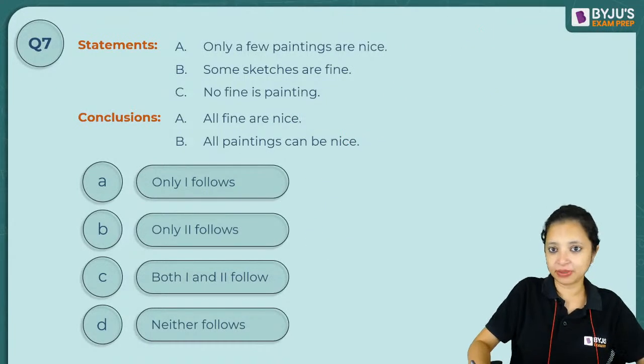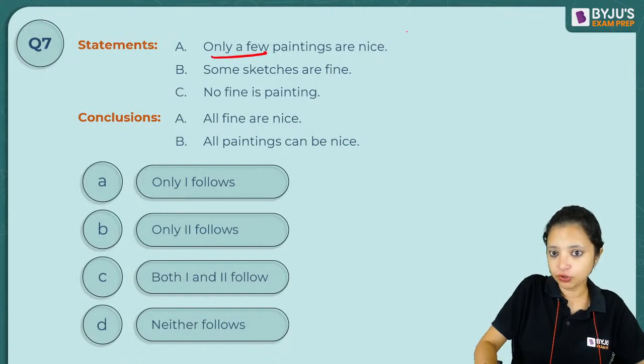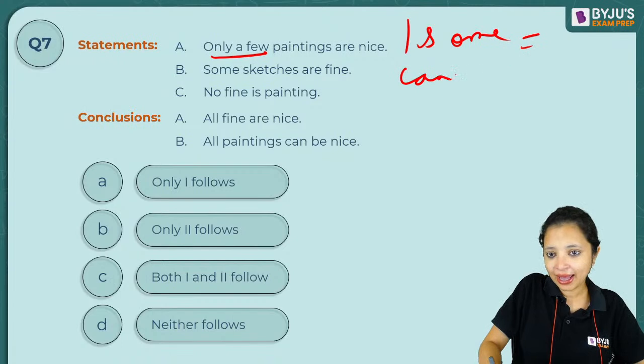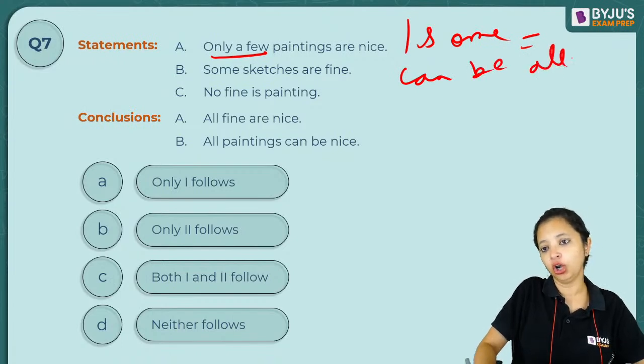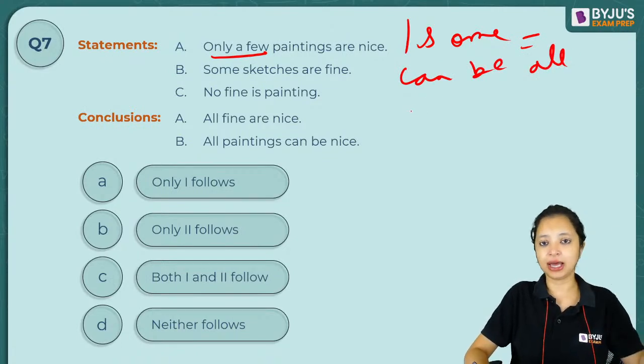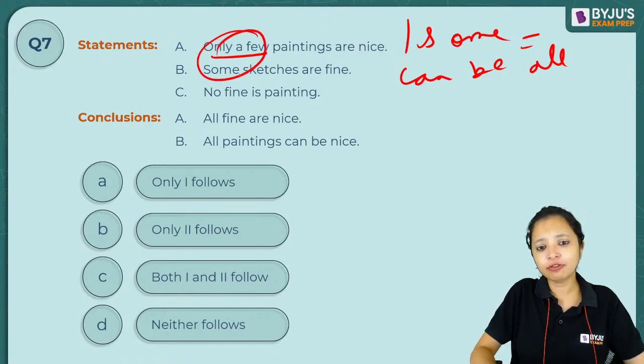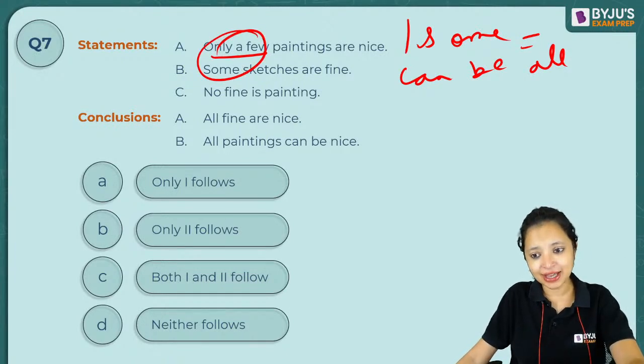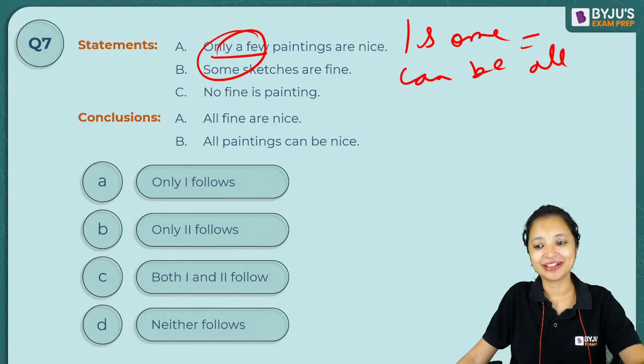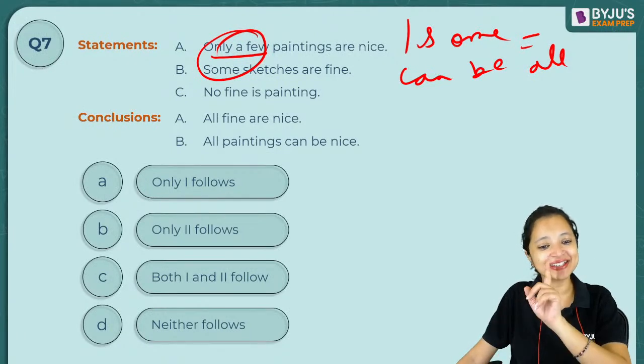Please look at two statements carefully: only a few and some. Some can be all in one scenario, but can only a few be all in any scenario? No, it cannot be. That's why the correct answer is D.